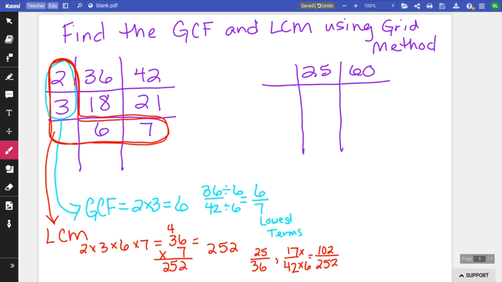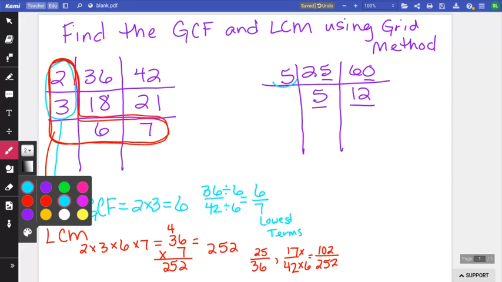Well, they both end in a 5 and a 0, so we're going to try 5. 5 goes into 25 5 times. 5 goes into 60 12 times. And now, if you notice, you've got 5, which is a prime number, and 12, whose factors are not 5 at all. So we are done after one step on this problem.